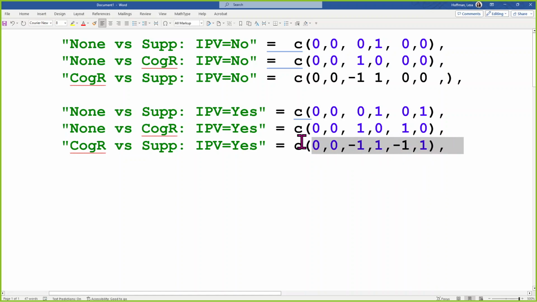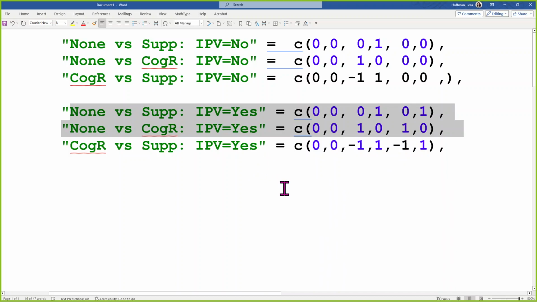So if you just look at this in isolation, you'd be like, where the hell did that come from? But it came from the ingredients. And once you've done this enough times, you can just start to see the patterns and fill them in. But until then, I would encourage you to just literally subtract. And make sure that the order is such that the one that you want to have as the reference is second.